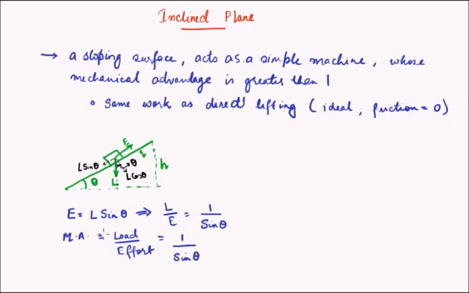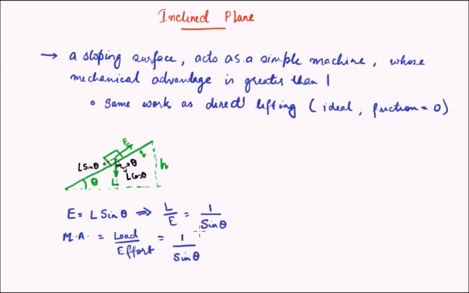Therefore, the mechanical advantage of an inclined plane is always greater than 1 and equal to 1 when theta is 90 degree, when it is equivalent to just lifting the load directly. Then the concept of inclined plane no longer exists for theta equal to 90 degree. So this is an important derivation, that mechanical advantage is 1 upon sine theta.